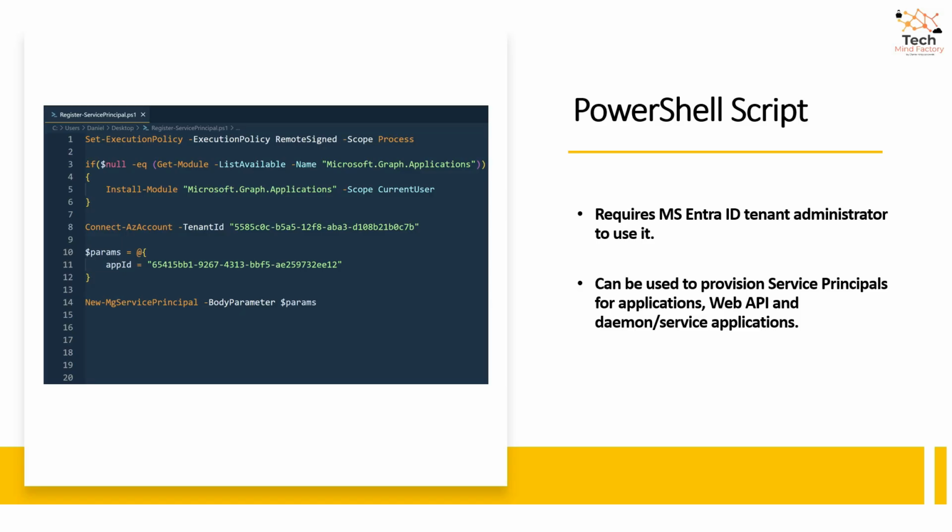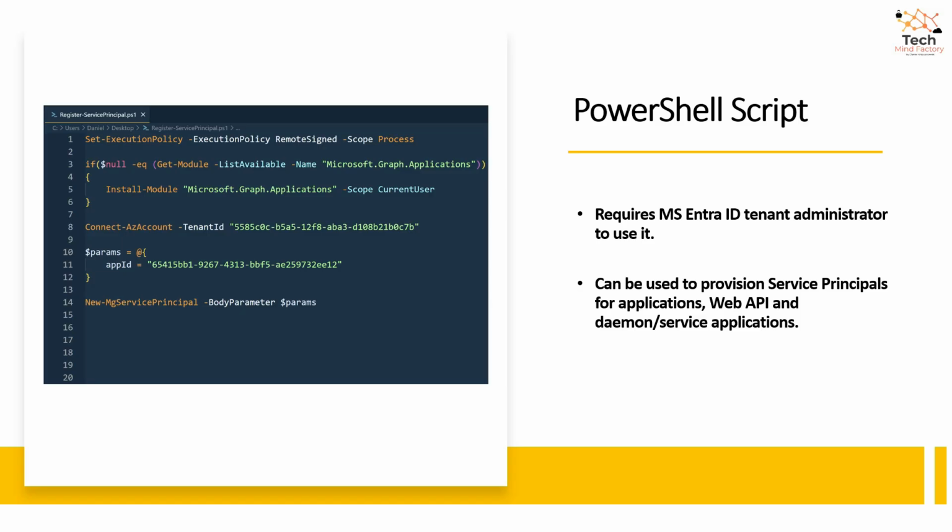As you can see here, we have to authenticate first as an administrator. We have to provide the application ID, which is the client ID of the app, and then we call the new service principal cmdlet here. So in this case, the service principal will be created in the tenant.